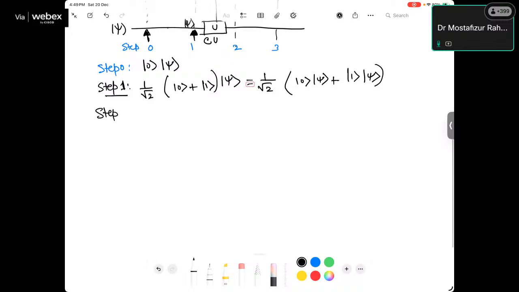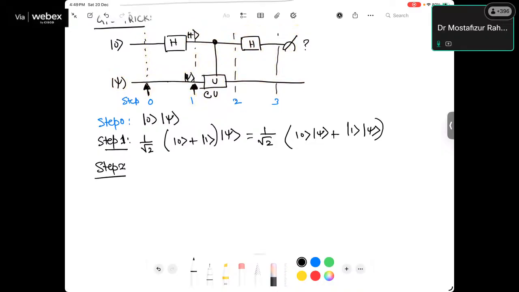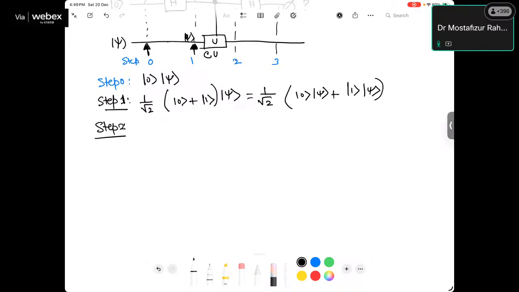Now there is step 2. That is, we are applying the controlled unitary gate across the two qubits. I mean, applying the U gate in the second register, controlled from the first register, right? So if we do that, what will happen? 1 by square root 2. If the first qubit is 0, it will do nothing to the second qubit, so 0 psi will be intact, plus, if the first qubit is 1, it will change the phase of the second qubit.